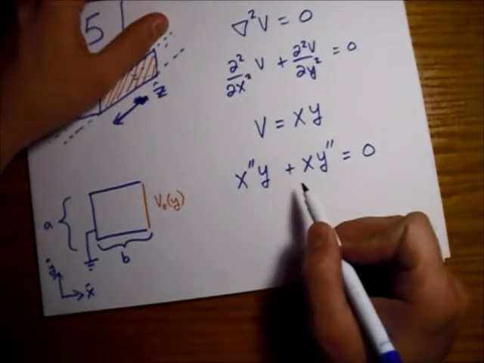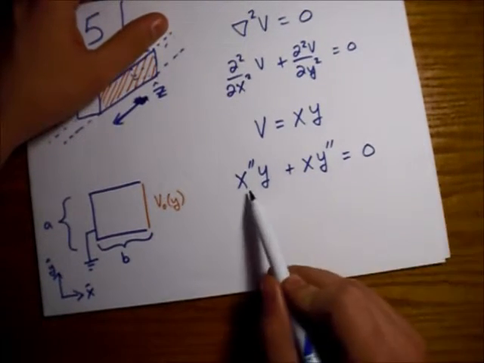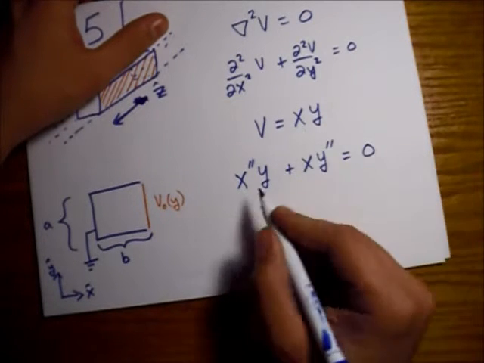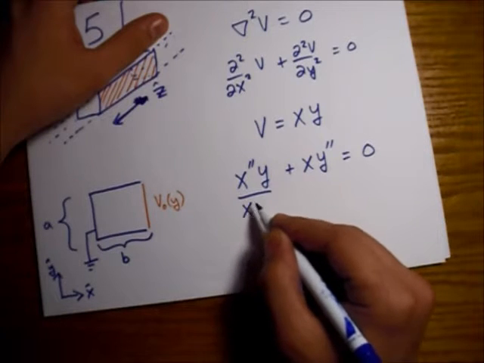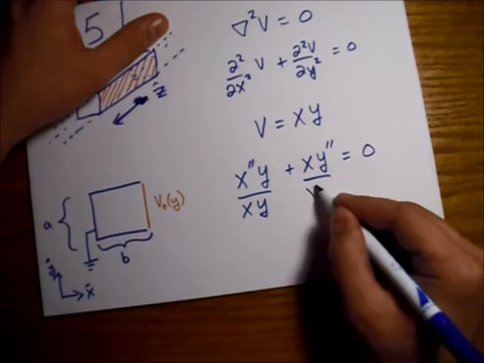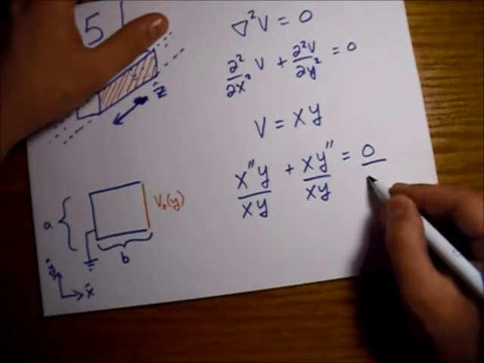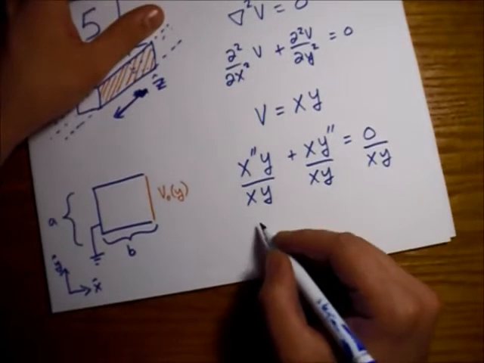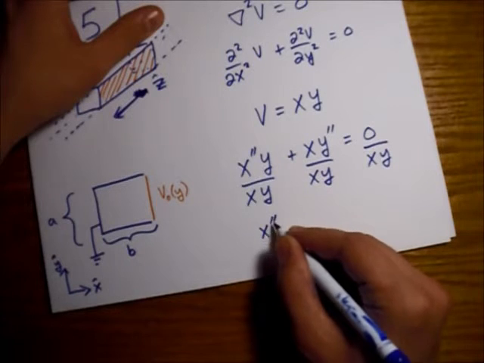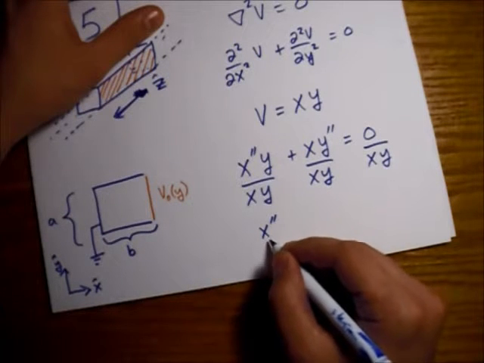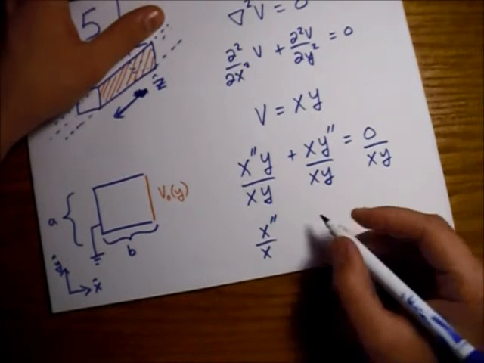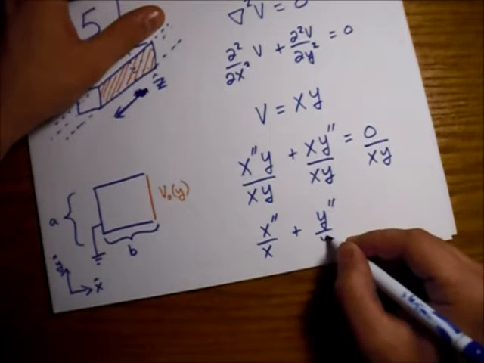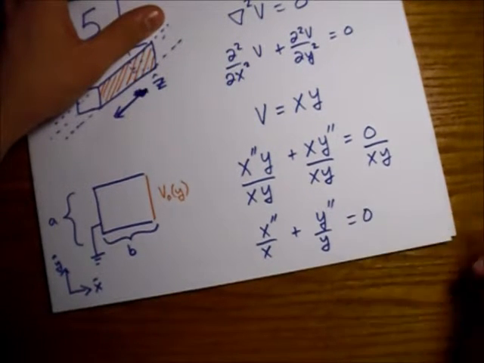What we're going to do now is divide both sides of this equation by XY. Divided by XY, this side's still 0, obviously. So what we end up with is X double prime over X plus Y double prime over Y is equal to 0.